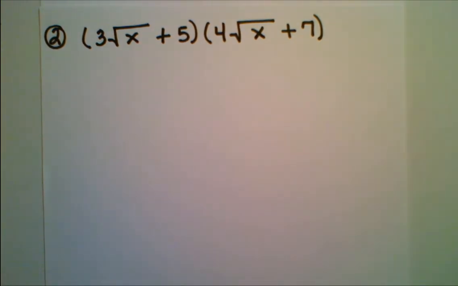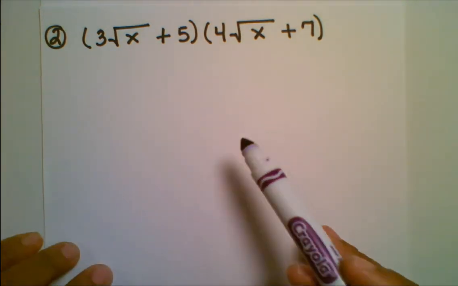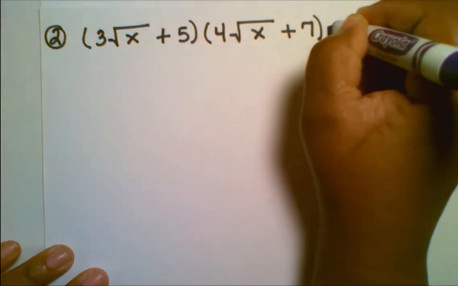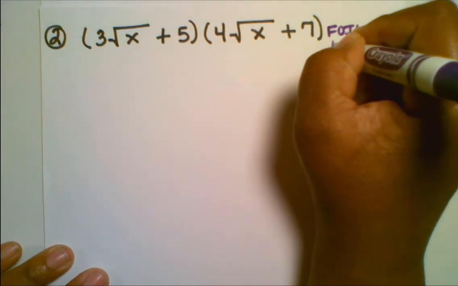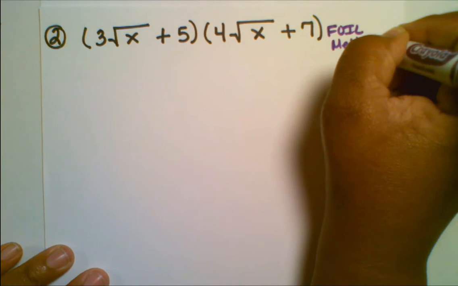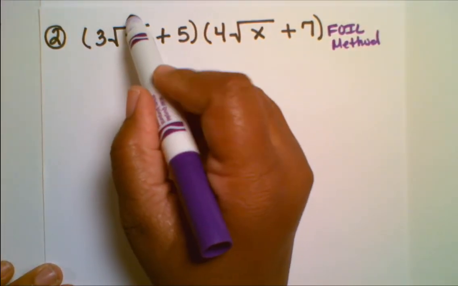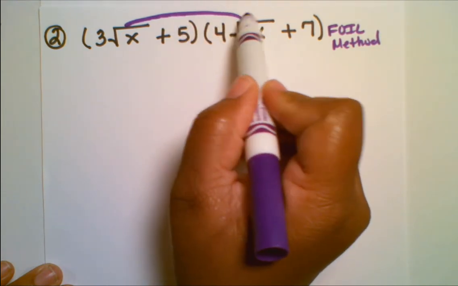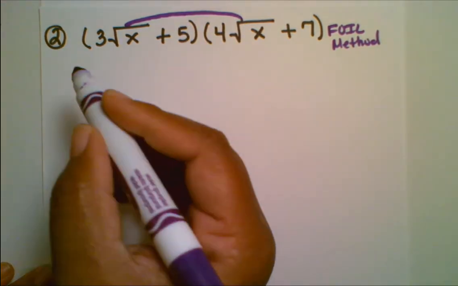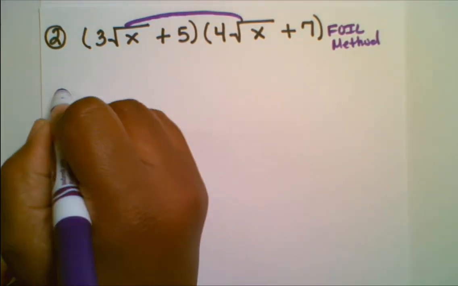So we're going to take our time with this as we distribute, because I don't want you to be confused with how to multiply radicals, but we're going to be using the FOIL method. So here we go. We're going to take this 3 square root of x, multiply it to the 4 square root of x. Let's write that out.